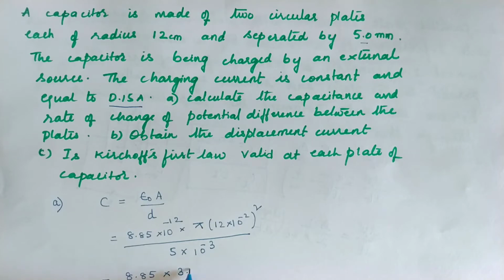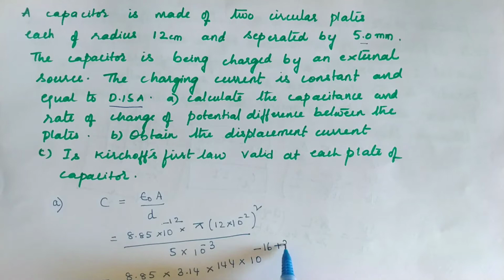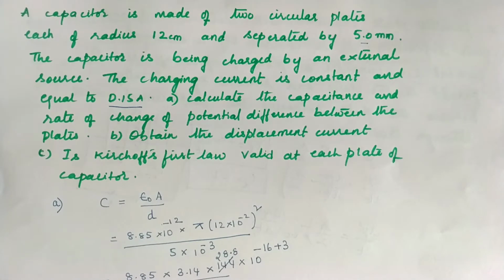8.85, pi I'll write 3.14, 12 into 12 is 144, into 10 to the power minus 12 minus 4 is minus 16 plus 3, whole divided by 5. Okay, so simplify further. 28.8 into 3.14 into 8.15 into 10 to the power minus 13 farad.